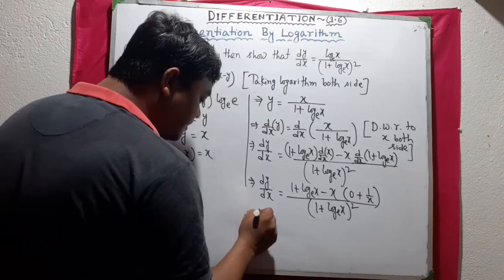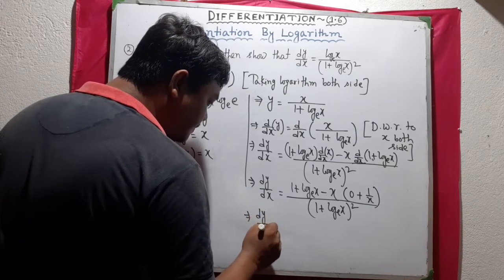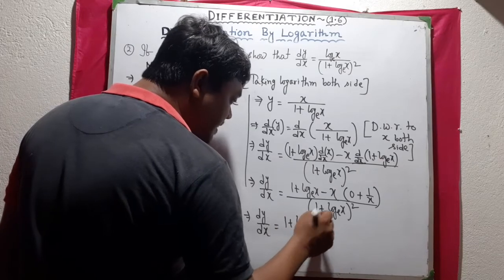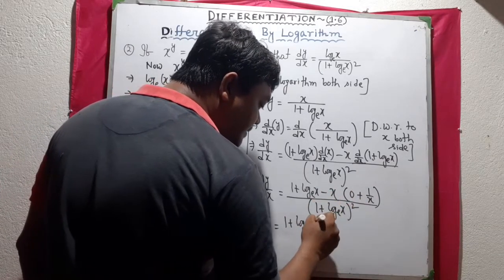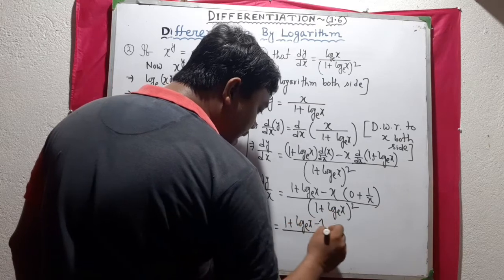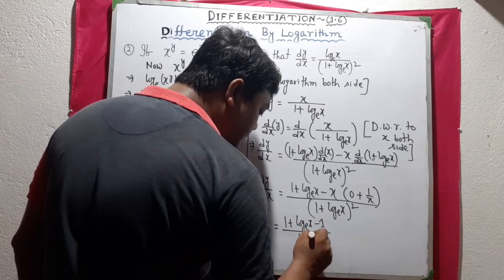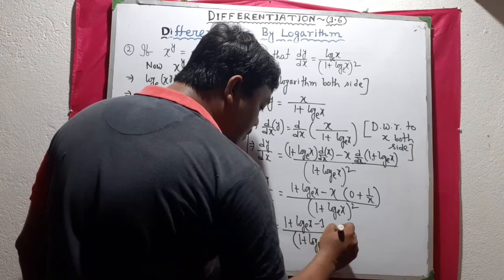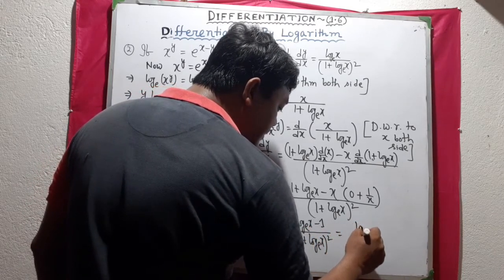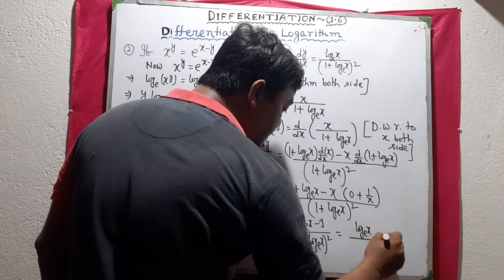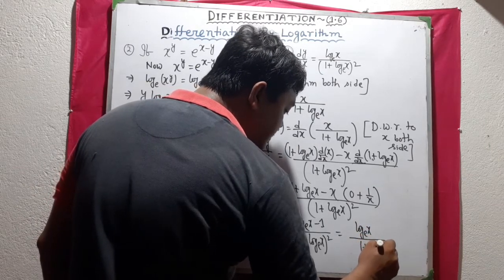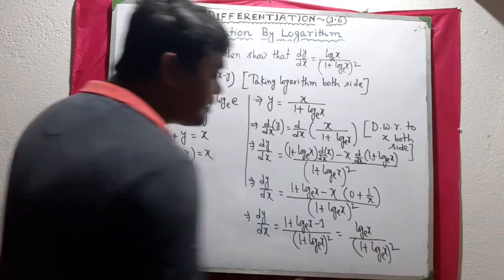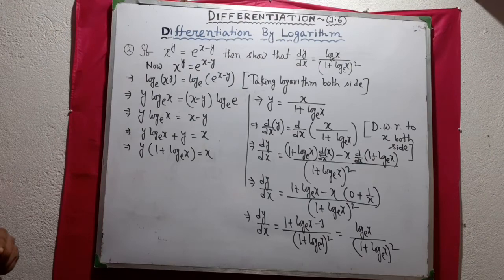So that gives dy/dx equals (1 plus log x base e) and x into 1 by x, that is 1, by (1 plus log x base e) whole squared. So 1 cancelled, so that gives log x base e by (1 plus log x base e) the whole squared. That is our required result and hence proved.